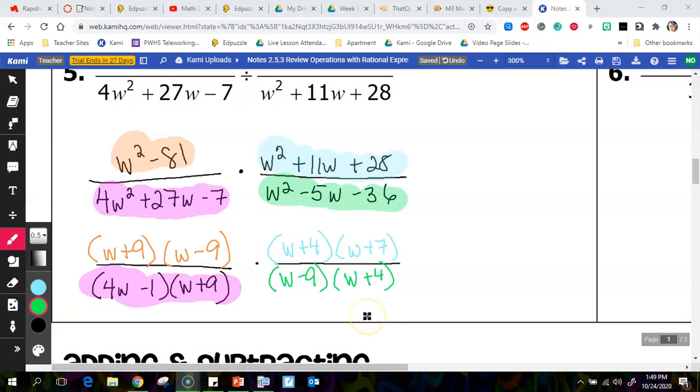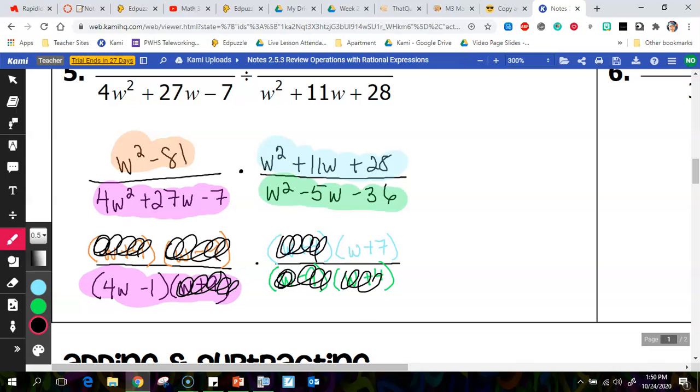Okay, so this is what you should have come up with when you factored the other 3. And we're going to start marking some stuff out. Let's see, I have a w plus 9 there and there, w minus 9, w plus 4, and I think that's it. So what do I have left? w plus 7, oh, I made a mistake.